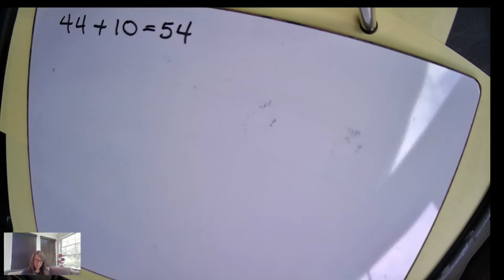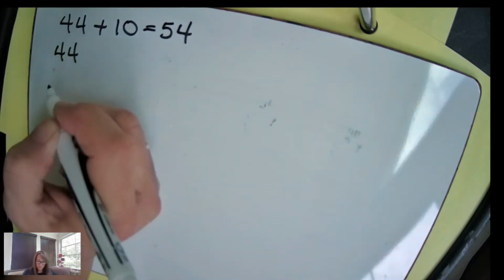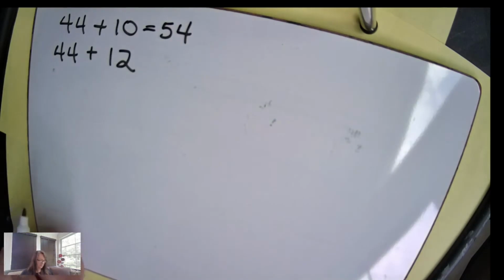Let's look at this next problem. Here's the next one. 44 plus 12. Have you thought of an answer? Great. Cameron, would you like to share with us what you think the answer is to 44 plus 12?